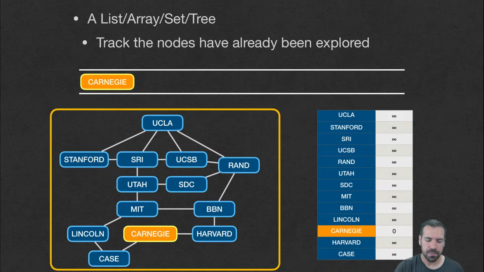The hash map that we've been using all semester is a hash table based on the keys of that hash map. A hash set is basically a hash map but without the values. It's just tracking the keys.